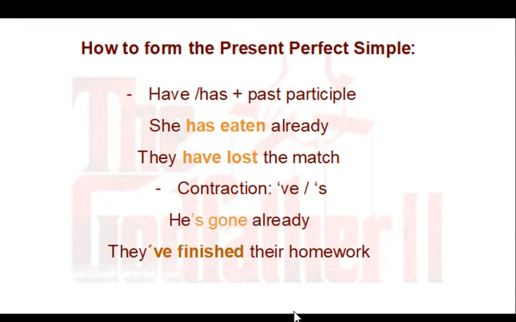Remember to be especially careful with the 's, because it coincides with the verb to be in the third person singular, is. So is and has contract to the same 's, so we have to watch out for that. Example, he's gone already. And with finished, it's easier because it's clearly recognizable. They've finished their homework.